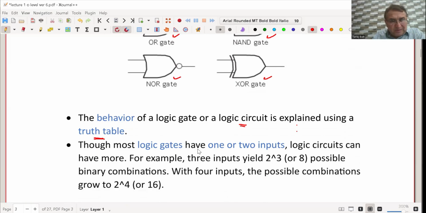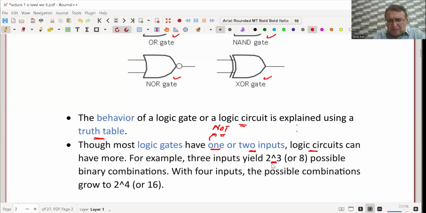Most of the logic gates that we'll cover will have either a single input, which is particularly in the case of a NOT gate only, or multiple inputs. And specifically in your text, 2 input gates are used. Fine. And we will see that logic circuits, which will be comprised of various gates, can have more than 2 inputs.